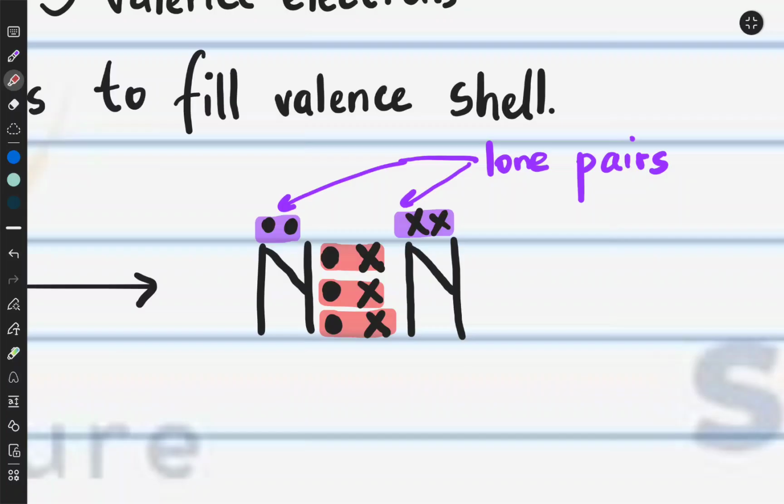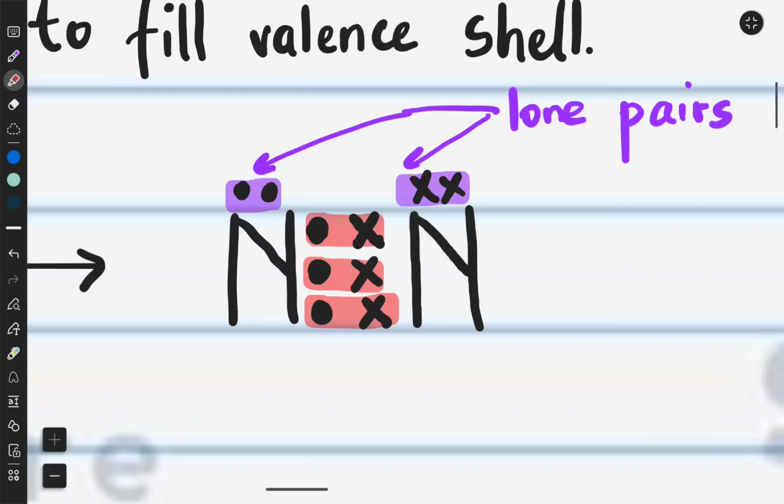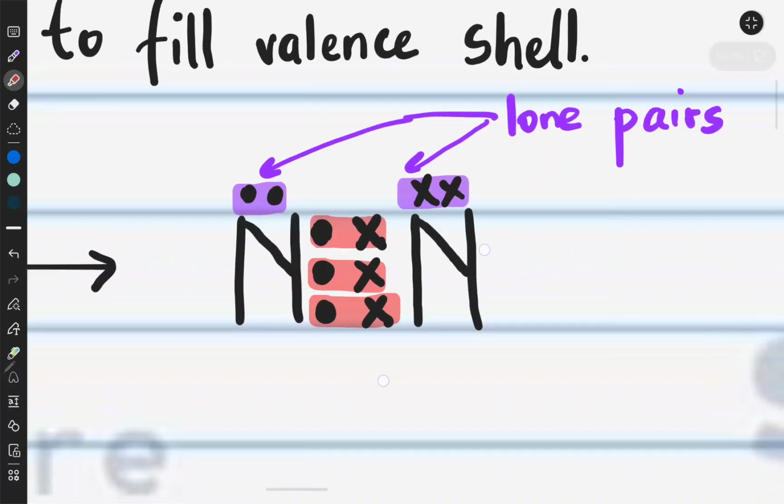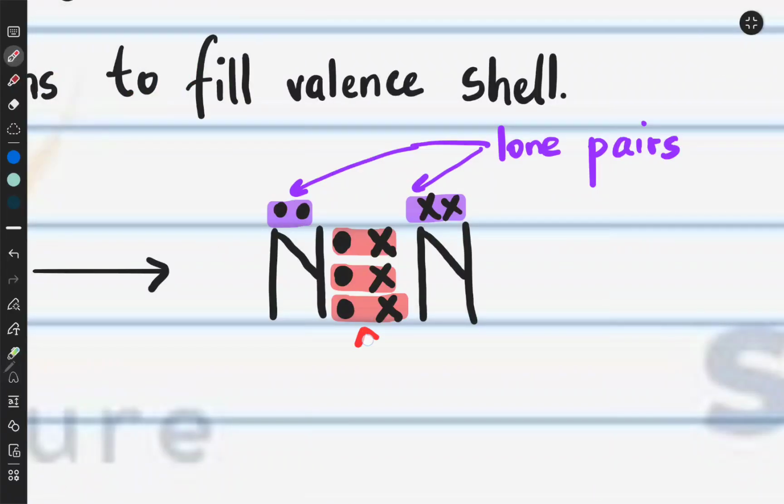Nitrogen 2 also had to offer its 3 single electrons, thereby forming 3 bonding pairs between these 2 nitrogen atoms. So there's bonding pair number 1, bonding pair number 2, and bonding pair number 3. So what that means is we have 3 bonding pairs.